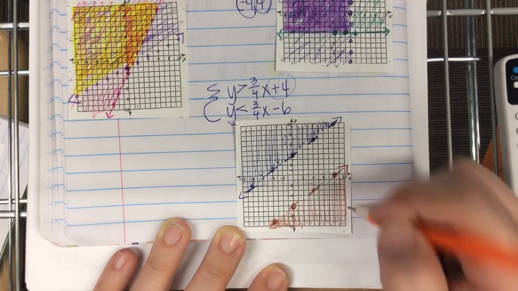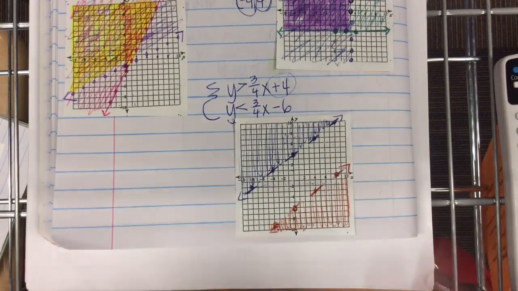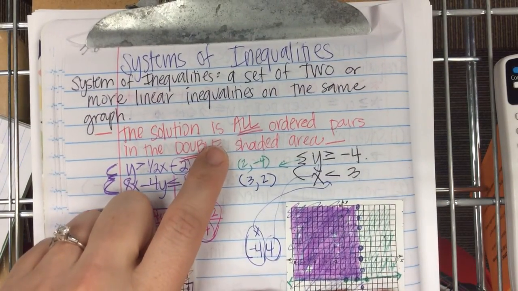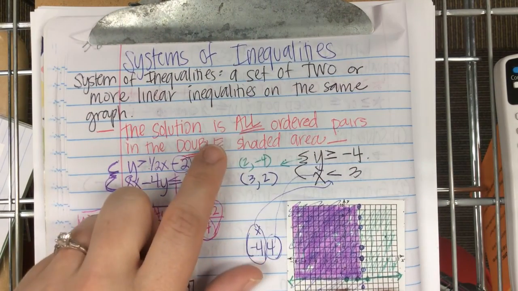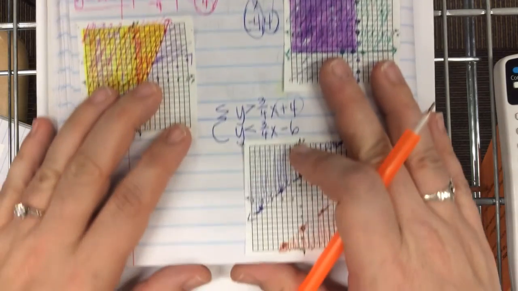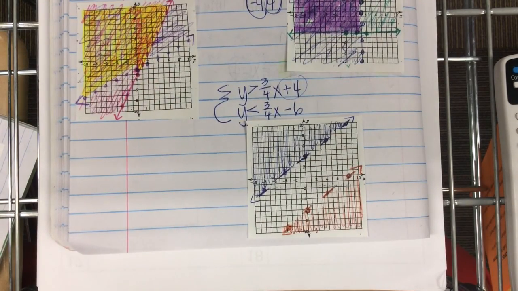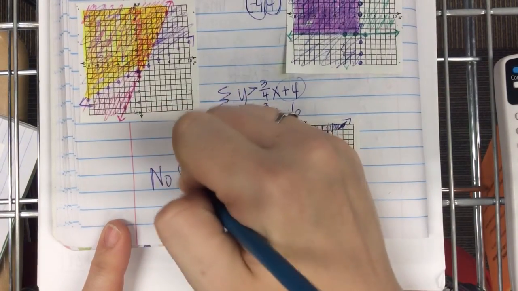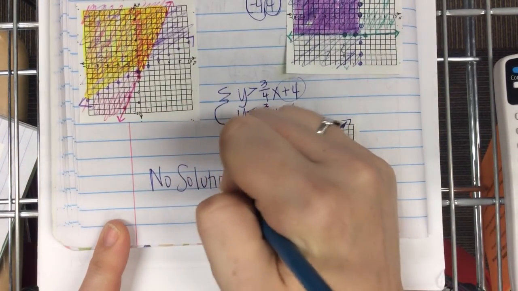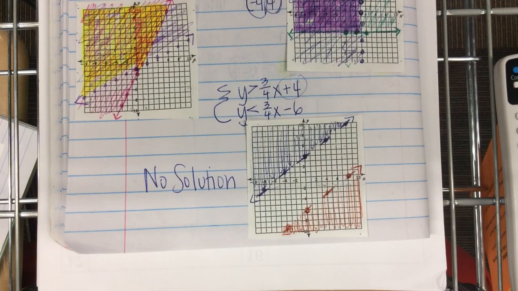So the answer is all the ordered pairs in the double shaded area. Is there a double shaded area? No. So it's no solution. Aren't they also parallel lines? They're parallel lines.